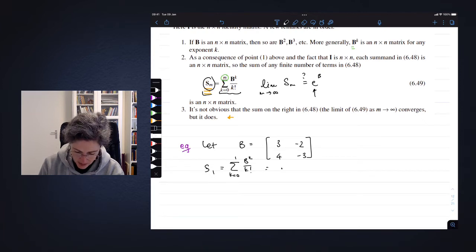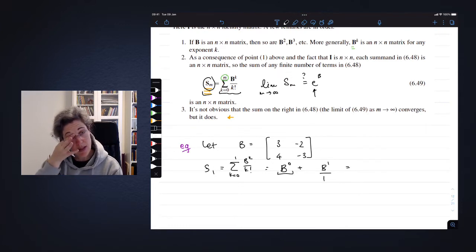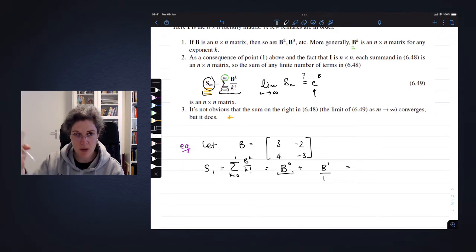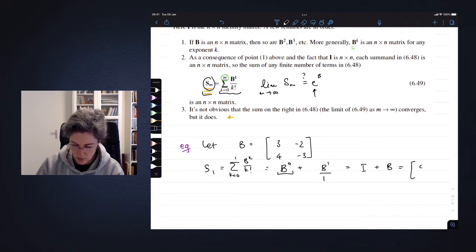So that's b to the 0 plus b to the 1 over 1. Now we're defining b to the 0 as the identity matrix, just like any scalar raised to the power 0 is 1. So we've got the identity plus b, which is equal to 4, minus 2, 4, minus 2.